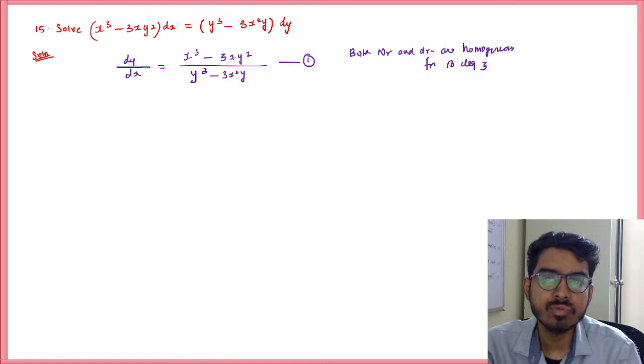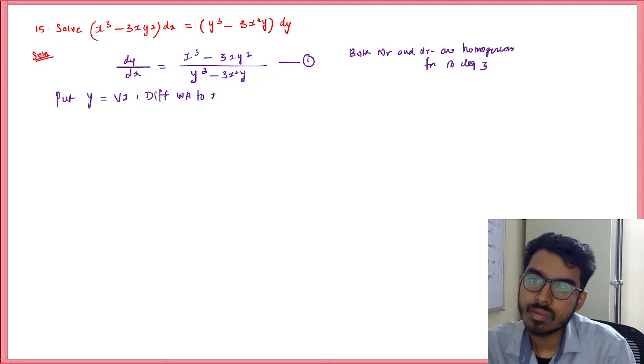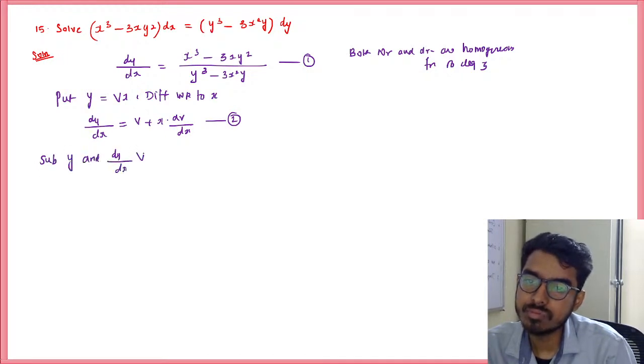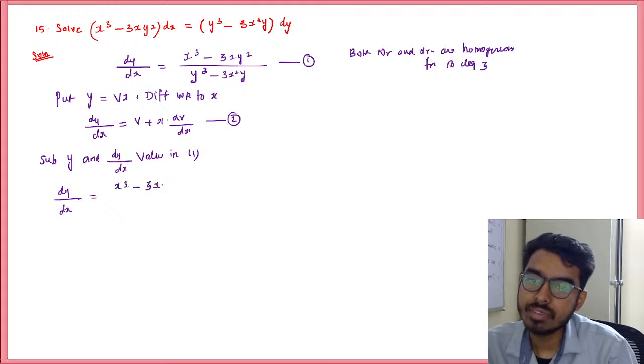You put x is equal to tx, y is equal to ty, you will have t power 3 f of x come out. So put y is equal to vx, differentiate with respect to x. So we have dy by dx is equal to v plus x into dv by dx. Substitute y and dy by dx value in 1. dy by dx is equal to x cube minus 3xy square divided by y cube minus 3x square y.